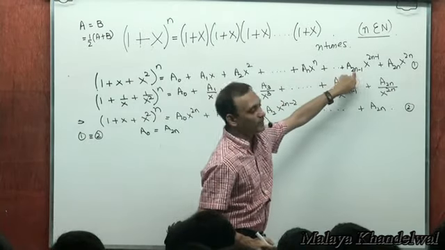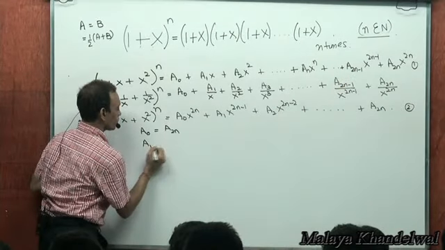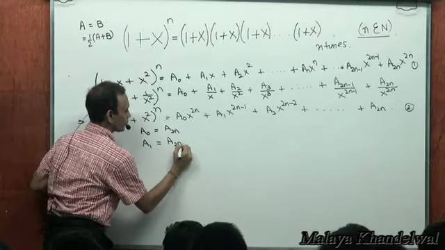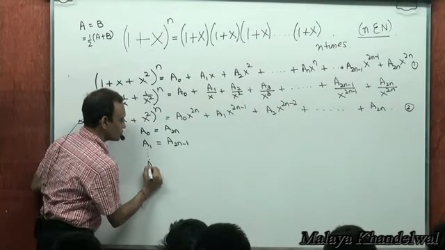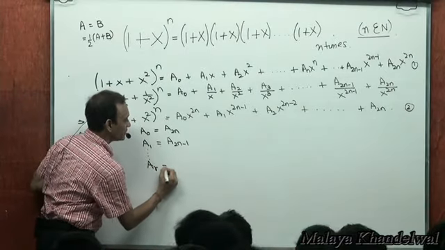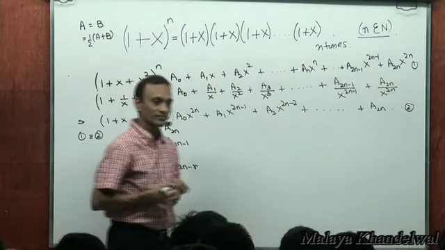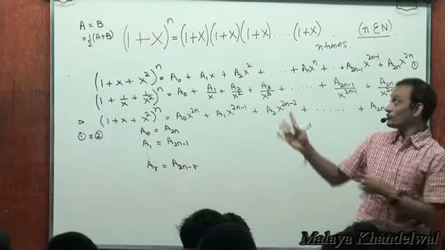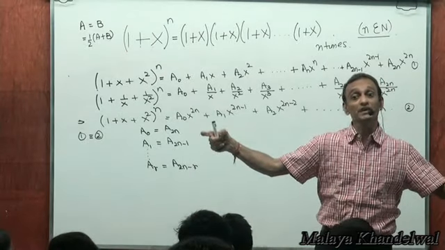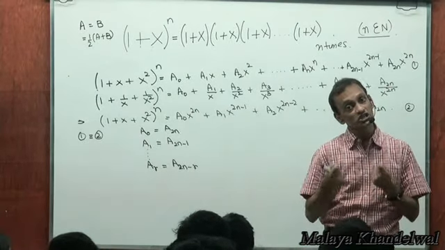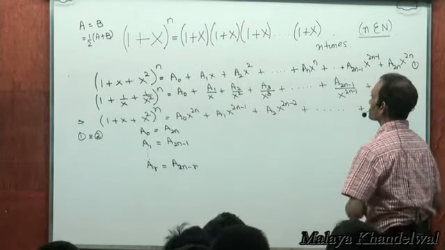Coefficient of x power 2n minus 1 is A2n minus 1. And going this way, in a very general sense, you end up getting AR equal to A2n minus R. Right? Which again means, for something as symmetric as this, coefficients of terms equidistant from the beginning and end ought to be the same. Right? Something like this.